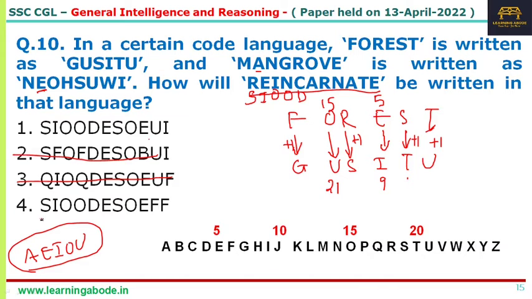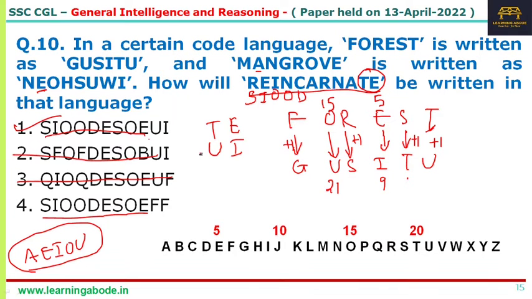Now up to E everything is common. Only the last two are different. After T we should get U and after E we should get I. So answer option 1 is the answer for this question.